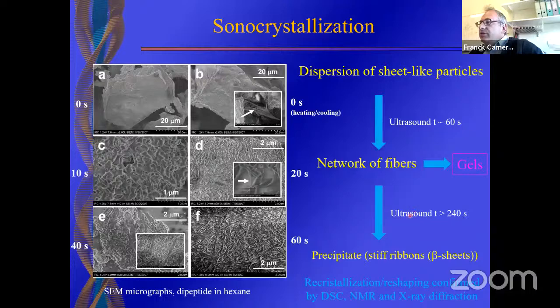And if you continue to use ultrasonic stimulus, you have another precipitate which appears as stiff ribbons, which are beta sheets. So this is the recrystallization, reshaping of the powder, which leads to the formation of the gels. And this has been demonstrated by DSC, NMR, and infrared diffraction also.